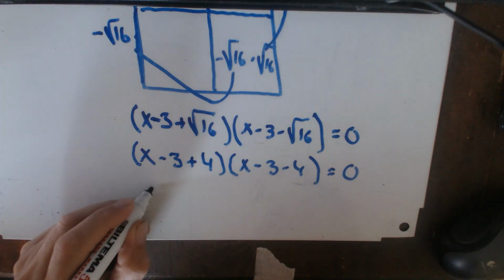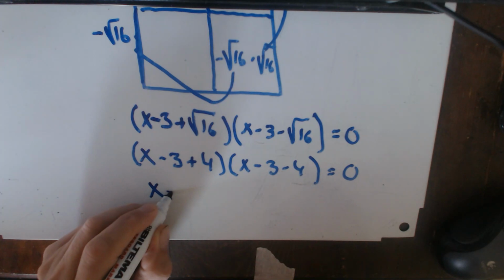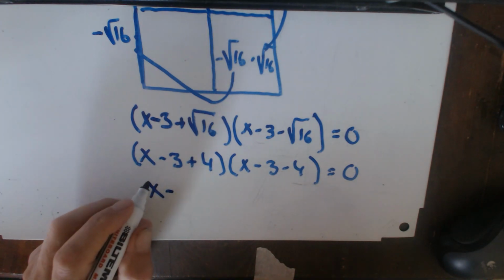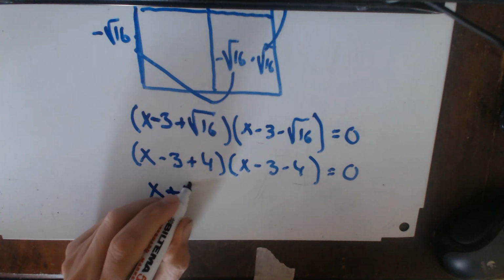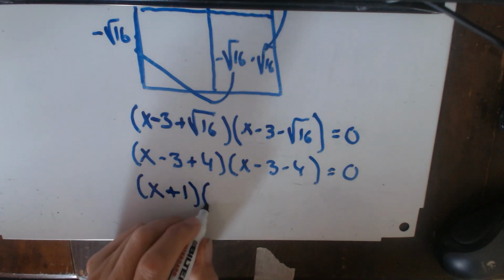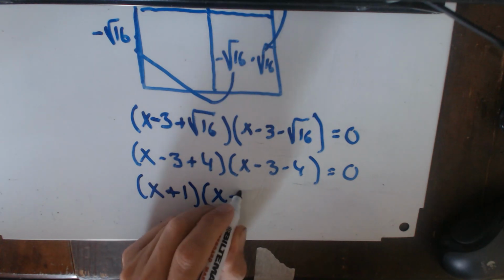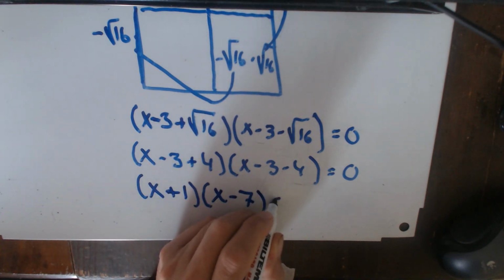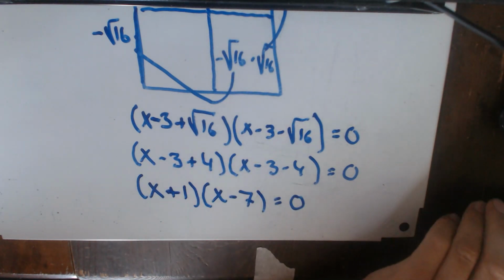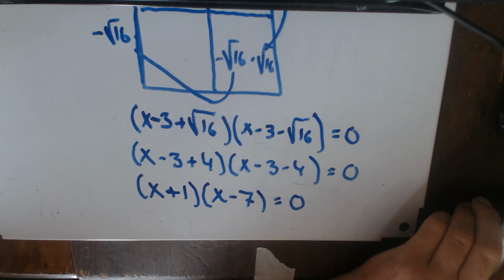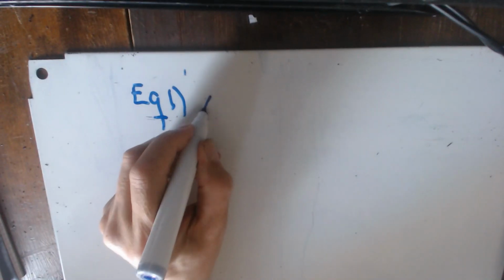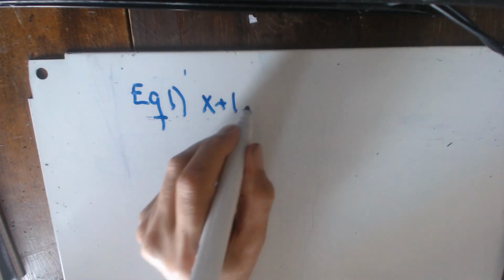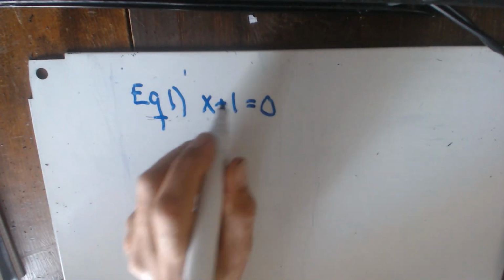So you have x plus 1 times x minus 7 equals 0. Equation 1, x plus 1 equals 0.